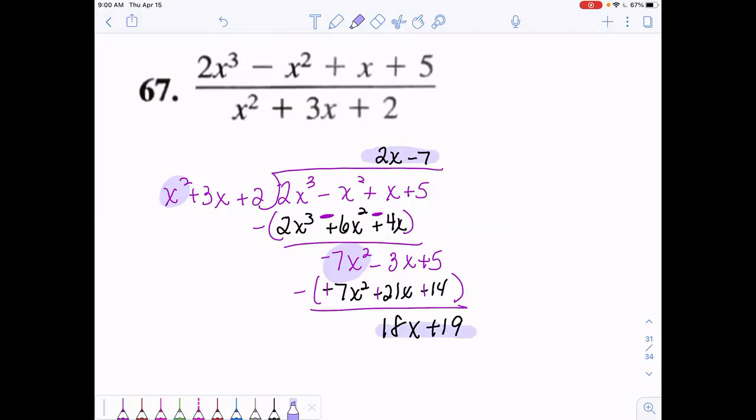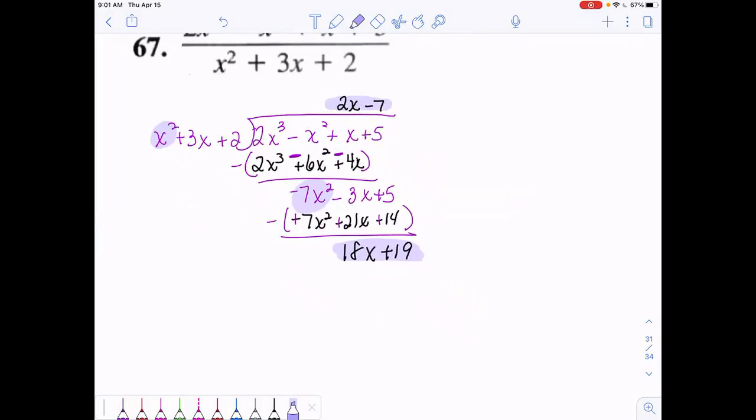The remainder is what's left out of what we divided by. That remainder is now our numerator, so 18x plus 19. The remainder always goes over whatever we were dividing by, because that's the remaining piece. Jenny, how would you factor that denominator?